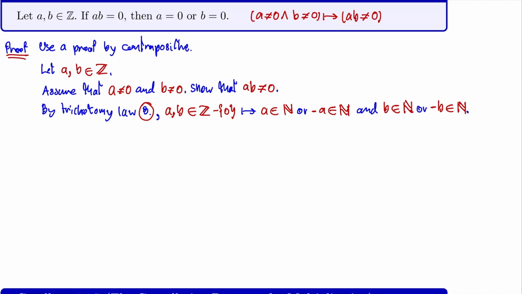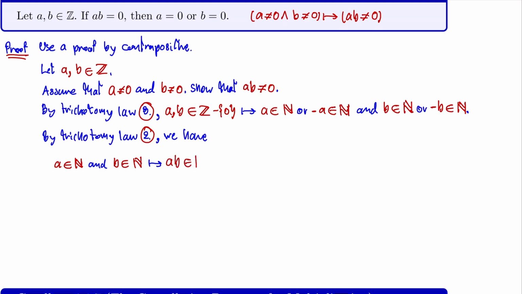So by the second trichotomy law, what do we have? The first case is both a and b are positive integers. The trichotomy law implies that a times b is a natural number.